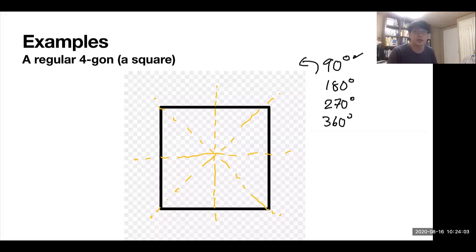You can easily check that if you compose 90 degree rotations with one of these vertical or horizontal reflections, so you do the rotation and then you do this reflection once, then the resulting transformation is exactly going to be one of these reflections along the diagonals.